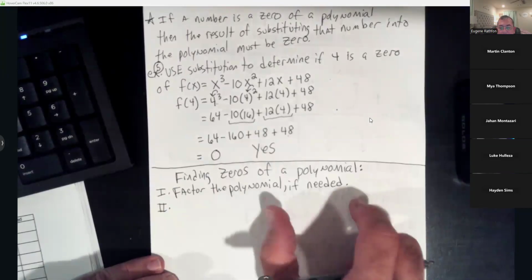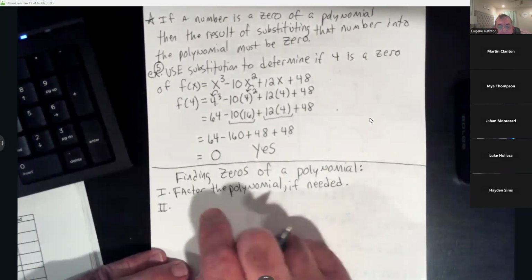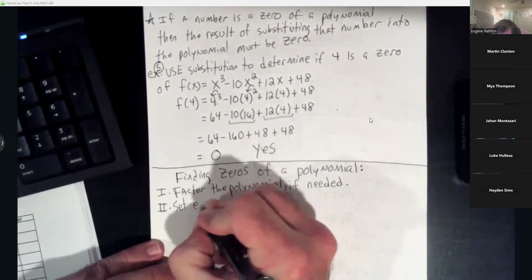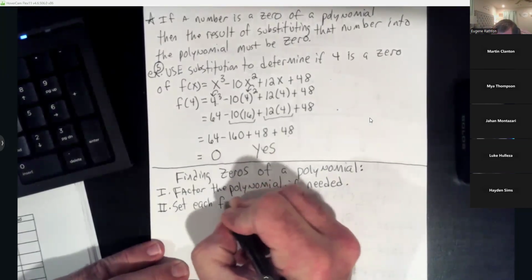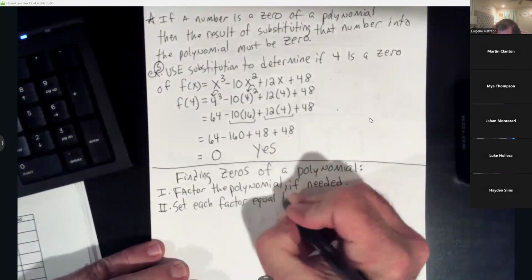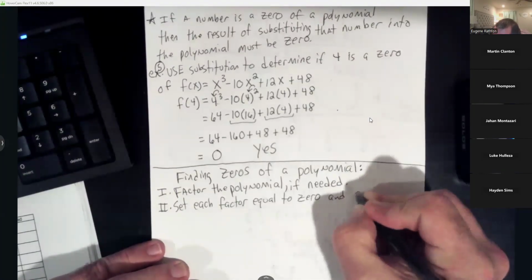Now, once I got this polynomial factored, I'm going to set each factor equal to 0 and solve.